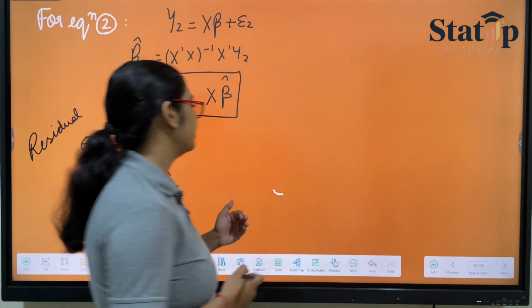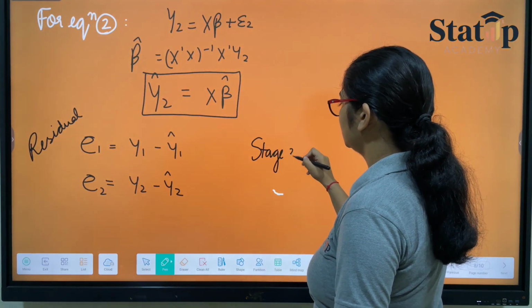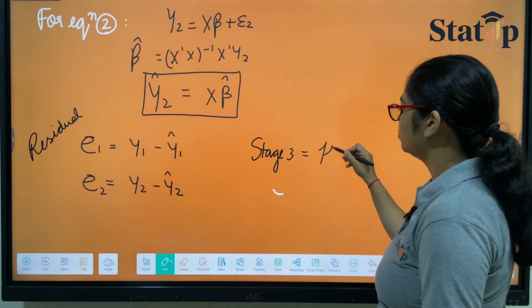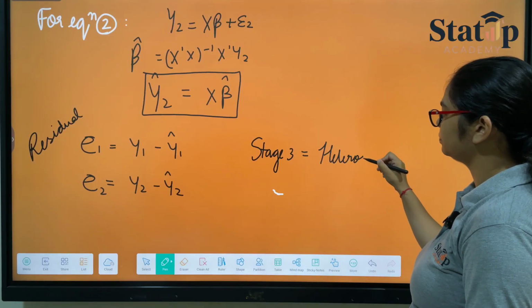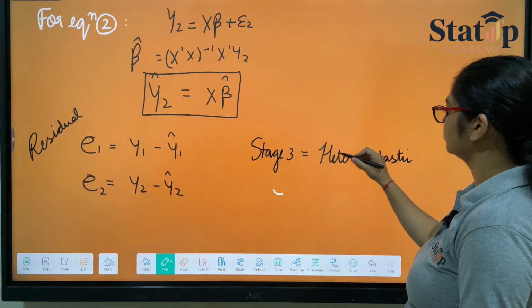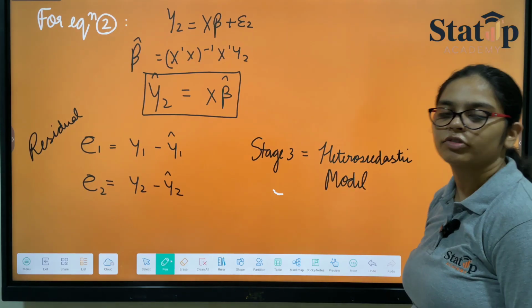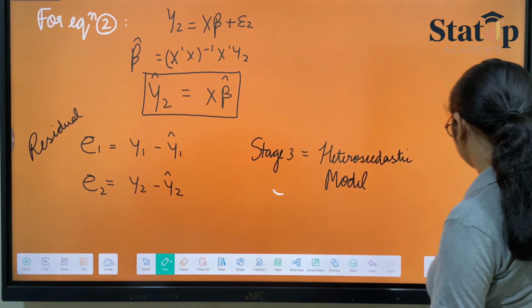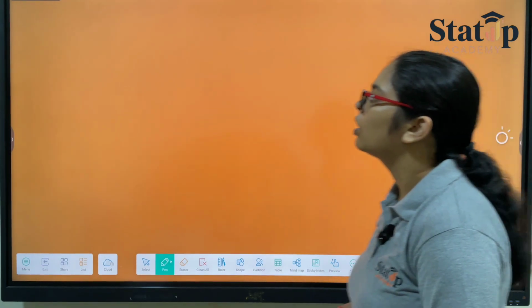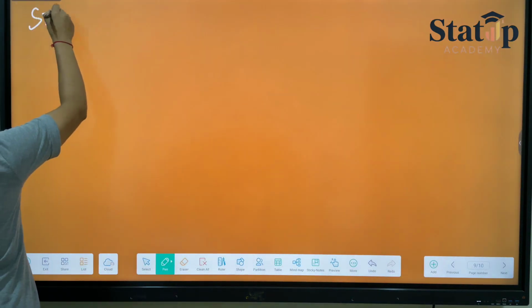Stage 3 comes when we have a heteroscedastic model. If we have a heteroscedastic model, then stage 3 comes. Now, what is heteroscedastic?